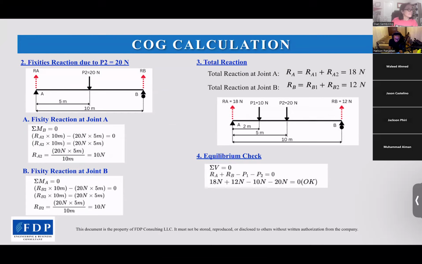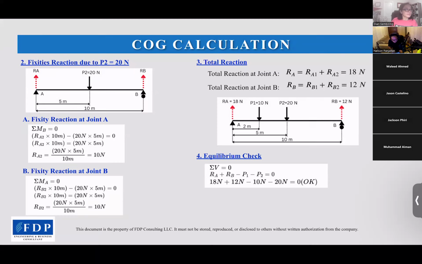And then we do the equilibrium check. RA plus RB minus P1 and then minus P2, because both of the forces have a different direction from the reactions.